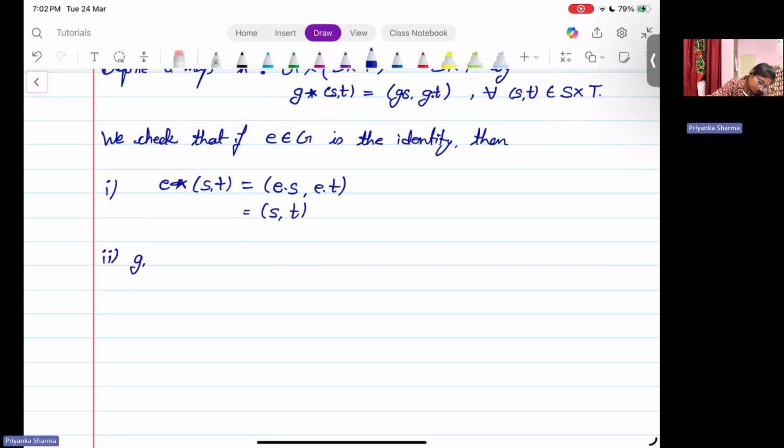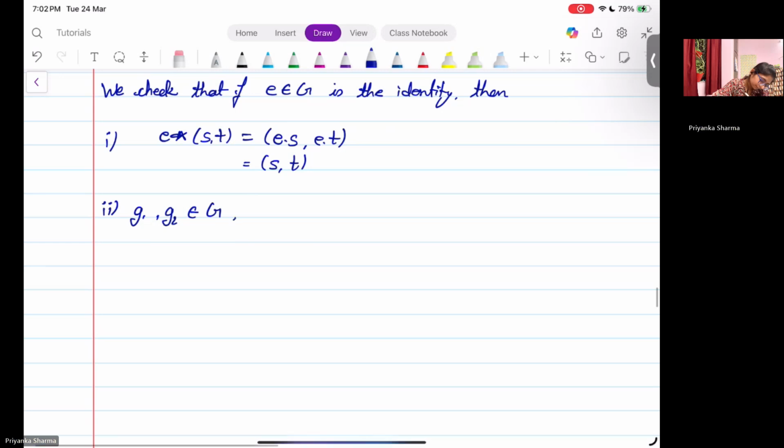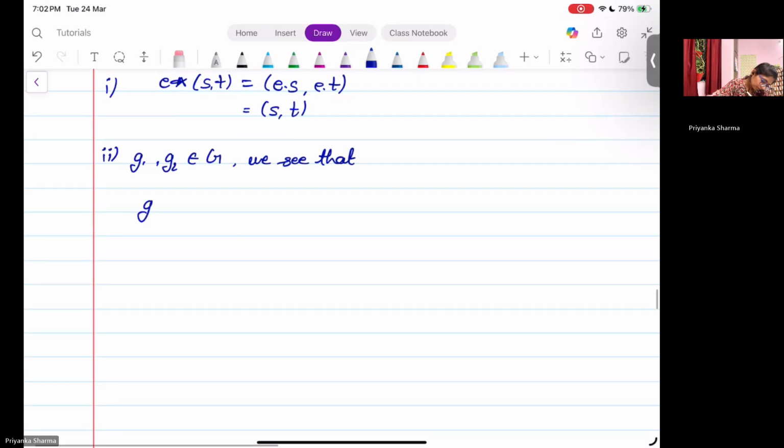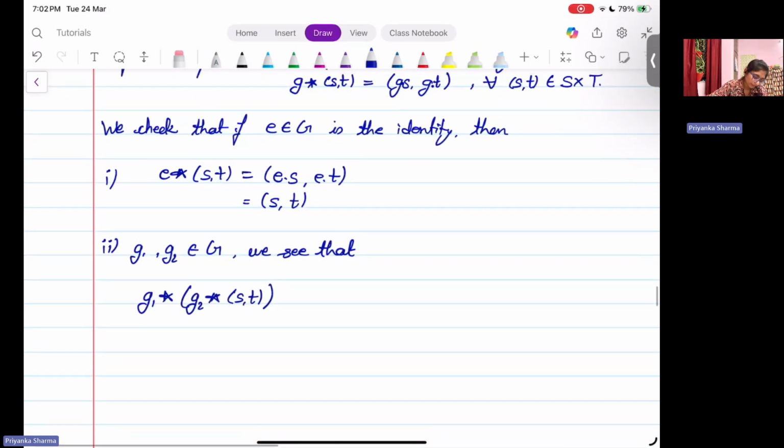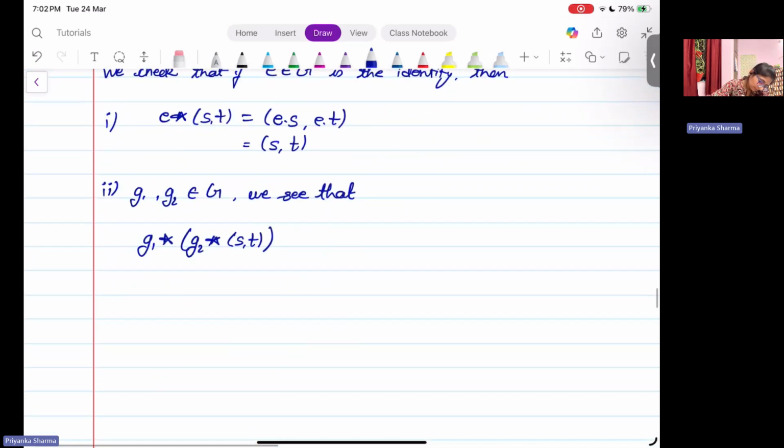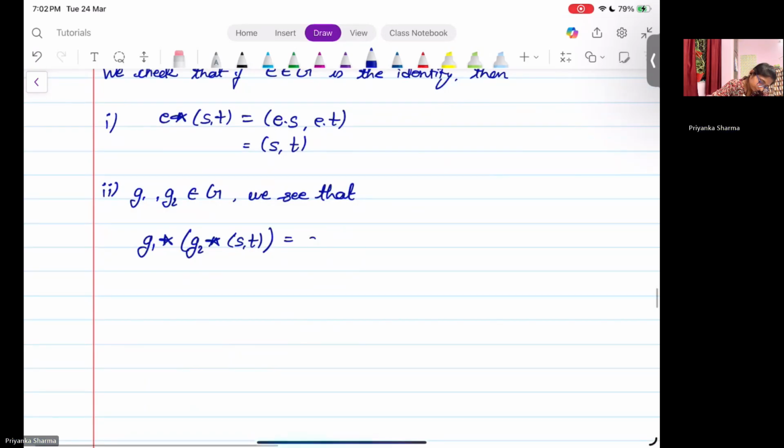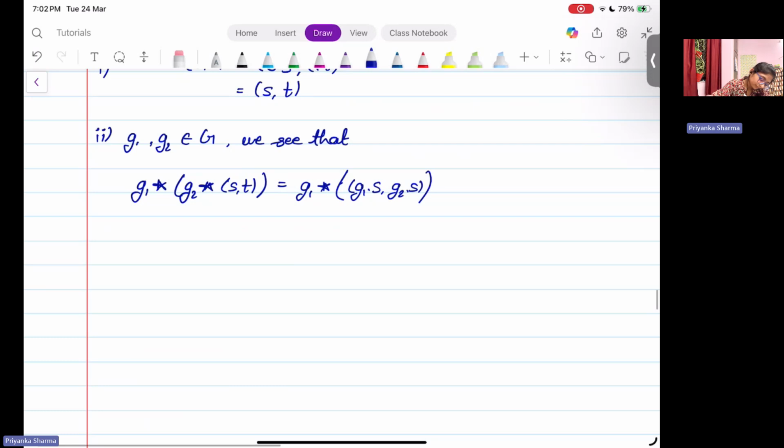For the second condition, we need two elements of the group, g1 and g2 belonging to G. See that g1 star (g2 star (s, t)), for some (s, t) belonging to S cross T, will be g1 star (g2 dot s, g2 dot t).